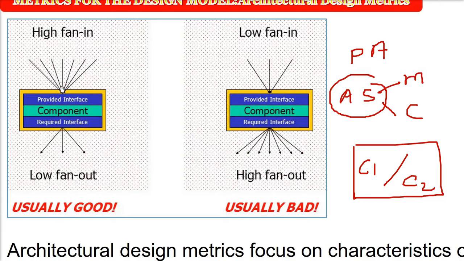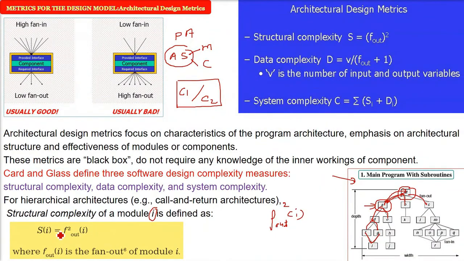Usually we want high fan in and low fan out. We don't want low fan in and high fan out. So fan out is how many a module or a component is going to invoke. Just square it and you are going to get the structural complexity.